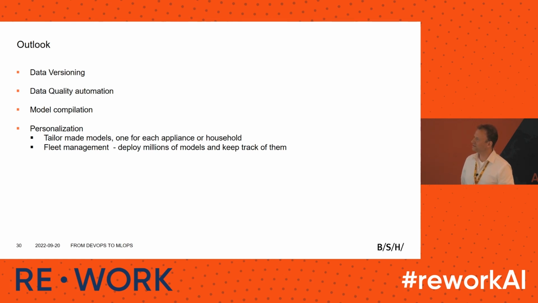That's, I would say, a quite tough task, because as we are producing appliances for households, you could imagine the ideal case would be that your appliances after a while understand your wishes, your usual behavior, and then you would train tailor-made models and keep them out in the field. And then you, of course, have to have something like fleet management, where you have to keep track of those millions of models that are out in the field. And that's something we are just thinking about, but it's far from being implemented.